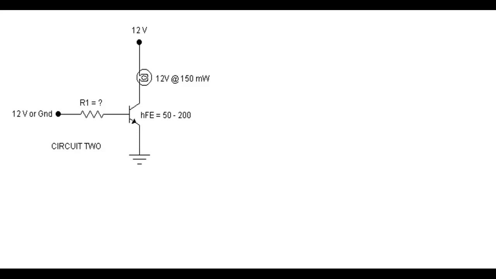So here we don't have to have a series dropping resistor, but we do have a light bulb that's rated at 12 volts, and then it's rated at, so the light bulbs are rated in watts and volts. I don't need watts. I need amps.